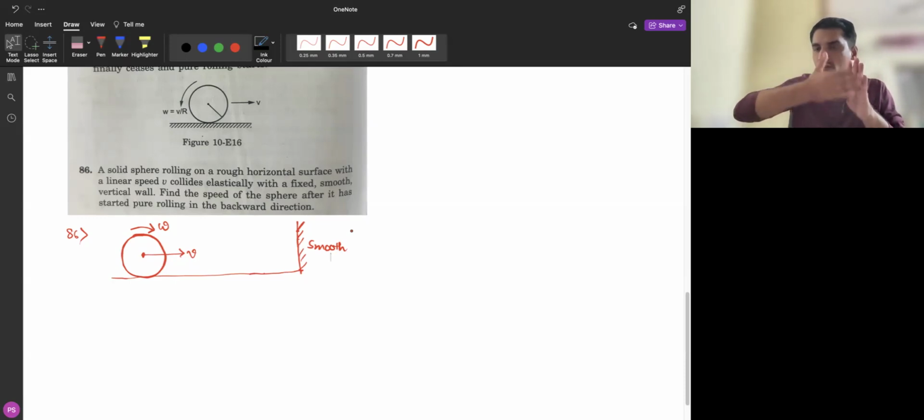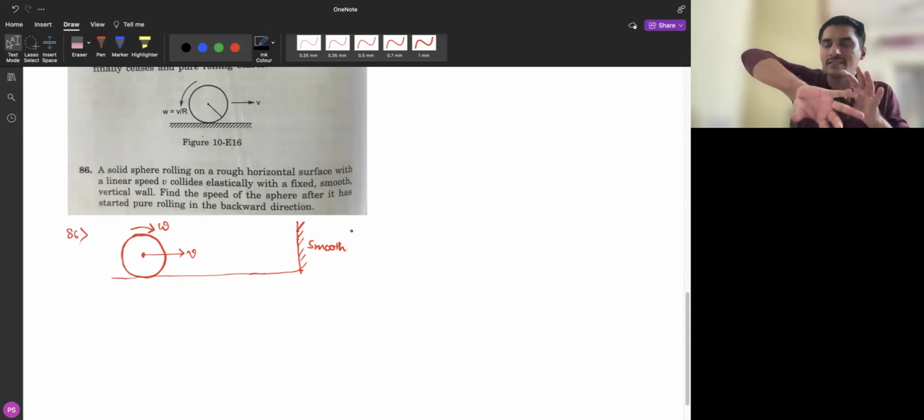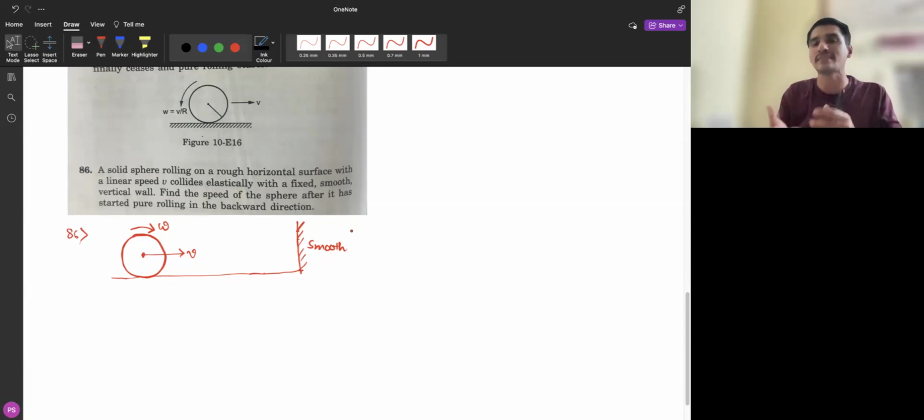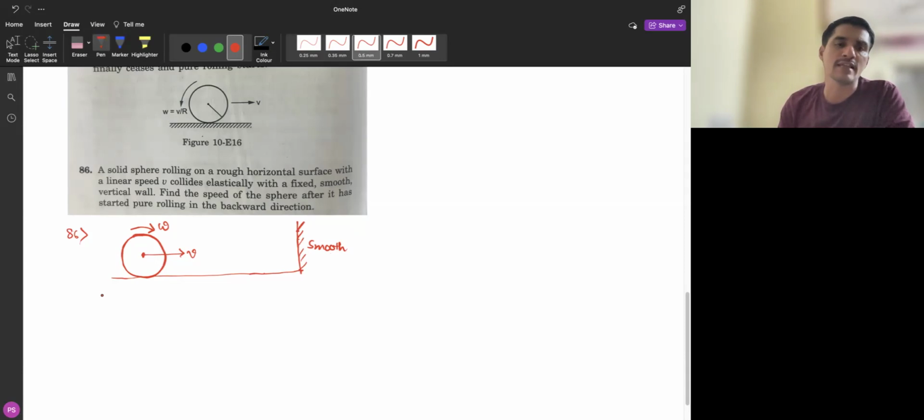When it hits that wall, it should not rotate again, when there is friction. But here there is no friction at all. So what happens? It continuously rotates in the same sense. Means suppose if it is rotating in clockwise direction, even after hitting the wall also it rotates in clockwise direction only. Keep one thing in mind.